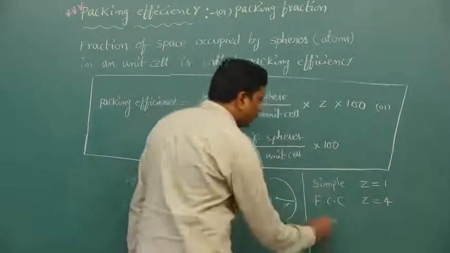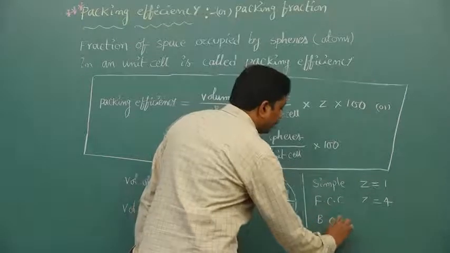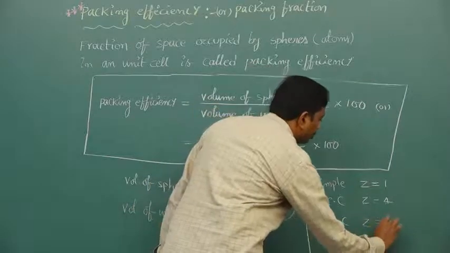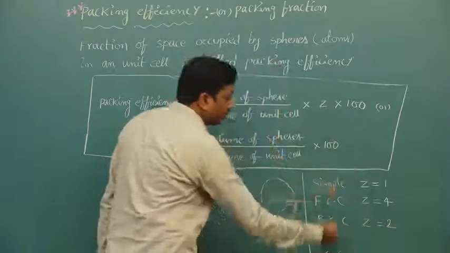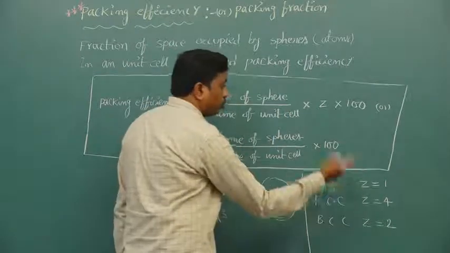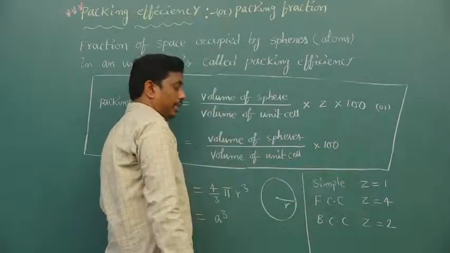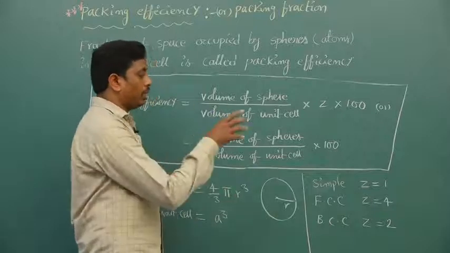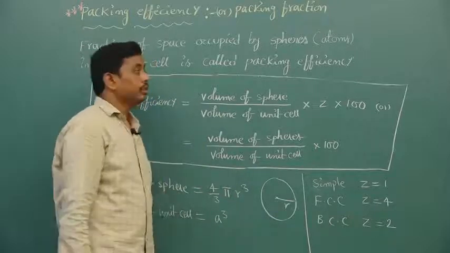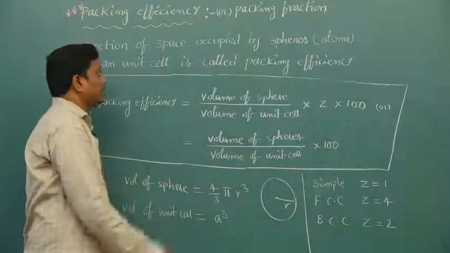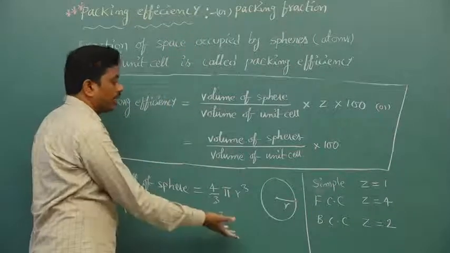For BCC unit cell, Z value is 2. We already calculated this. So, Z means unit cell constant, that is constant for a particular type of unit cell. So, these are packing efficiency definition, formula and some general information.